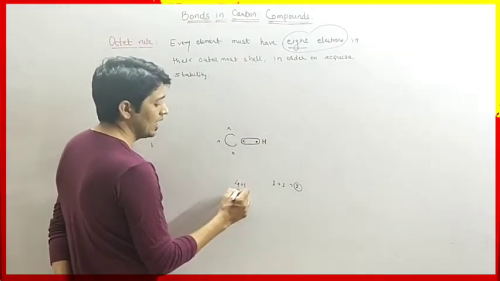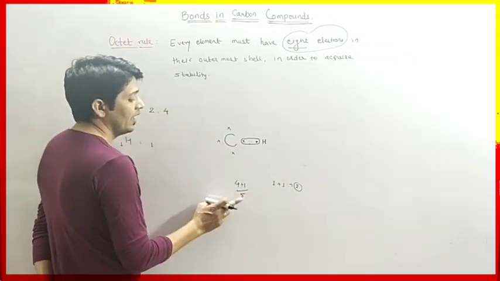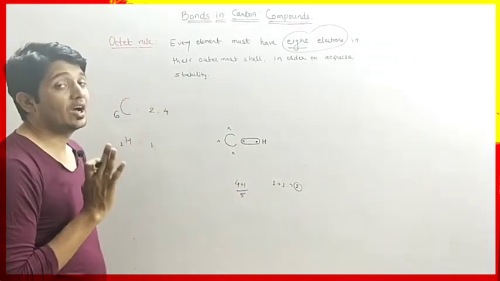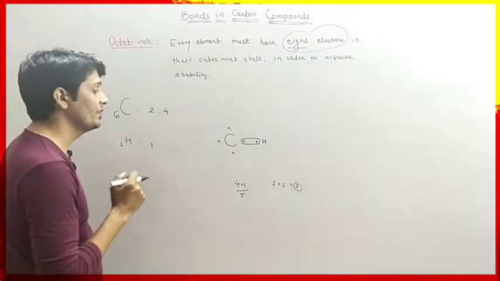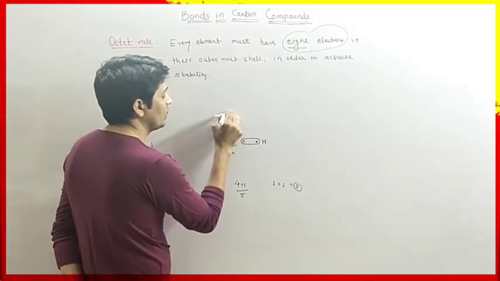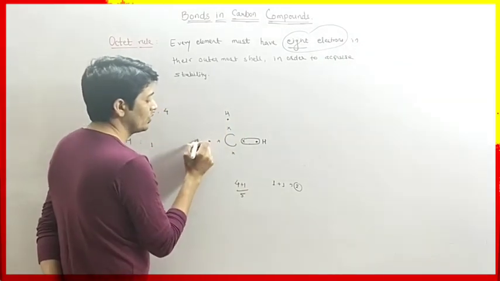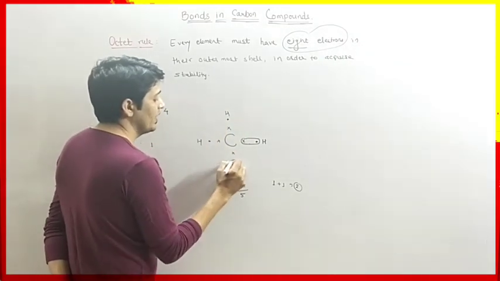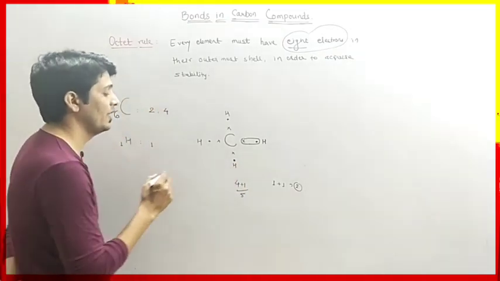But carbon has 4 electrons and 1 electron of the hydrogen atom. So now carbon has 5 electrons. Again 3 more electrons are needed by the carbon atom in order to acquire stability. Hence it shares another electron with another hydrogen atom, here 1 more electron with another hydrogen atom, and here 1 more electron with a fourth hydrogen atom.